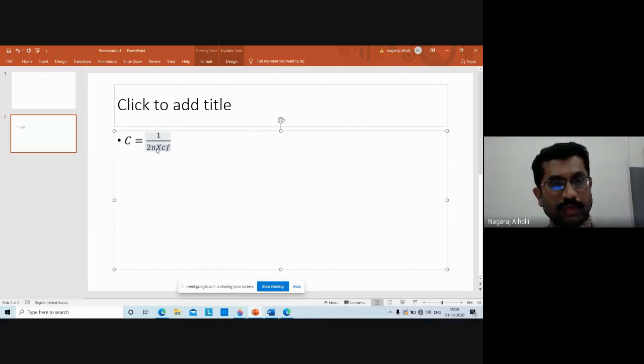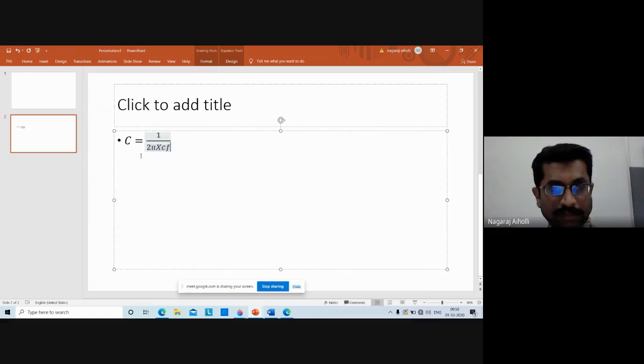Capacitance and frequency are inversely related to each other. As the capacitance is less, frequency will be more. That means this cascode connection amplifies high frequency values, or high frequency input signals, because it has a low value of capacitance.